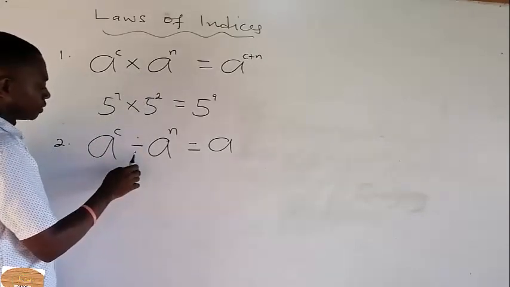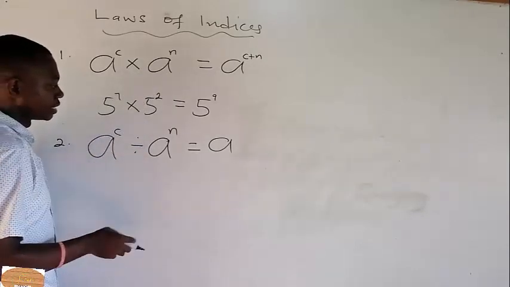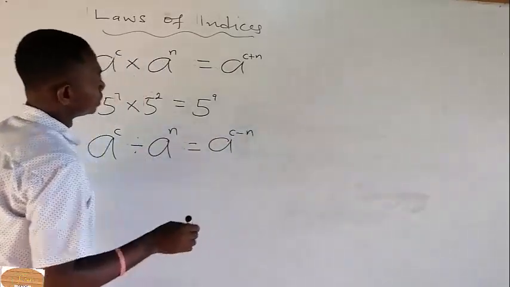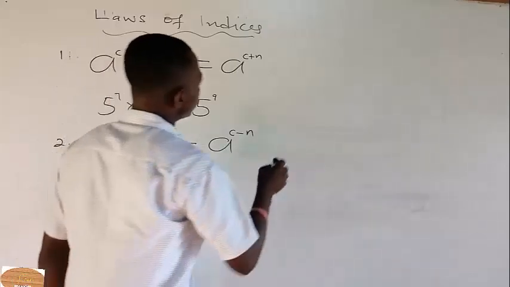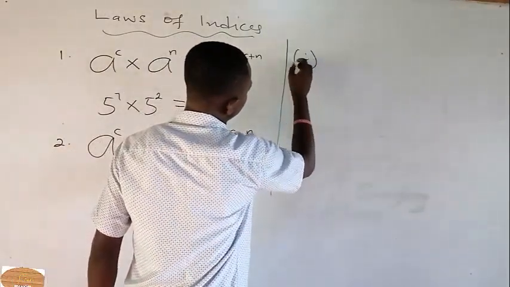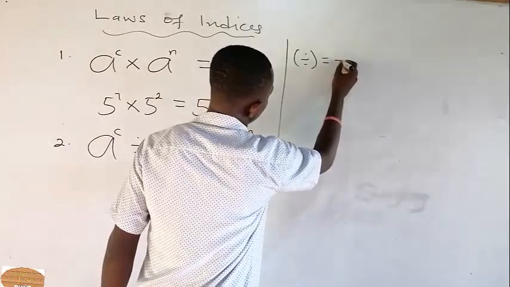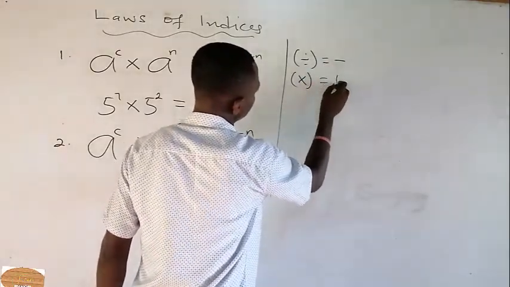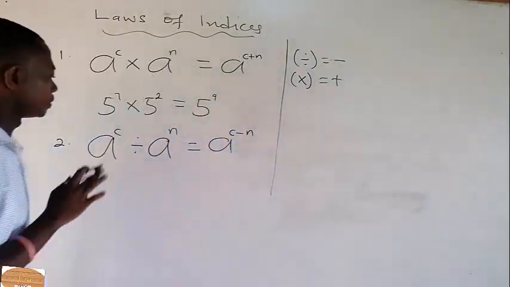And the law says that if it is division, you just subtract the exponents. So C minus N. Alright. So let me summarize this one. In case we are given division, it will tend to subtraction, and multiplication also tends to addition. Alright. That is the summary of this one.